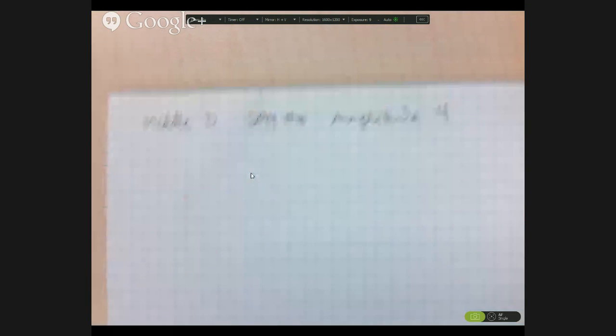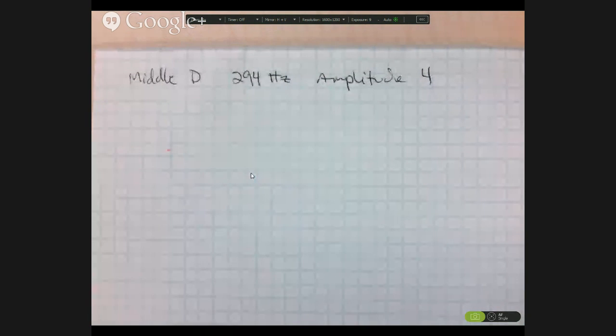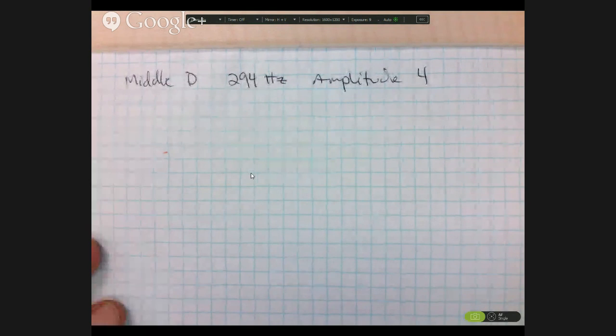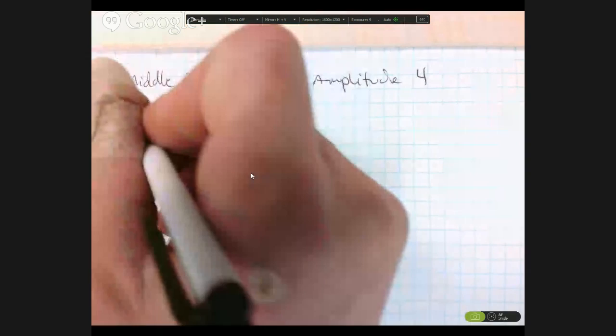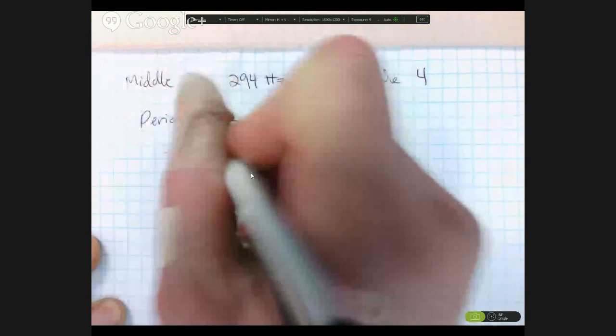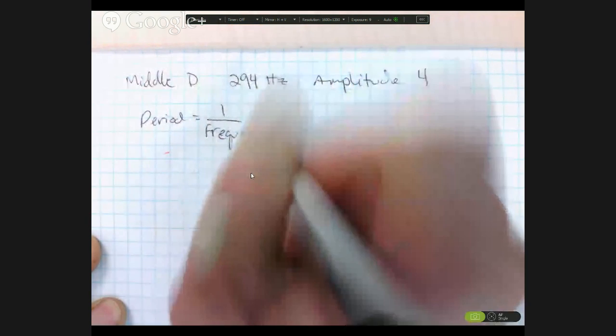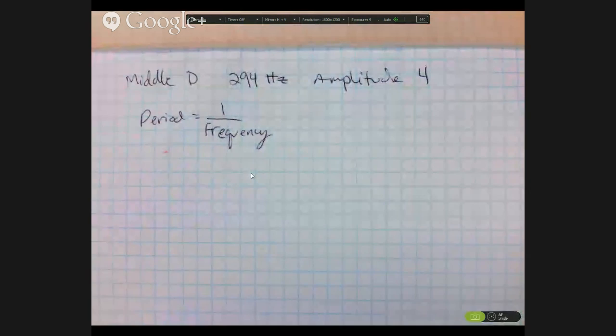So I'm going to write and graph a function for that note. Remember, period's 1 over frequency, right?